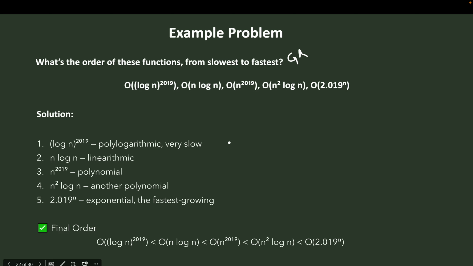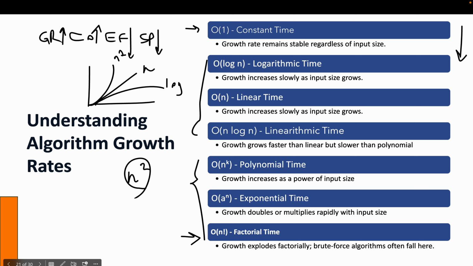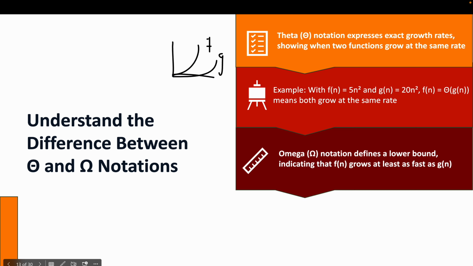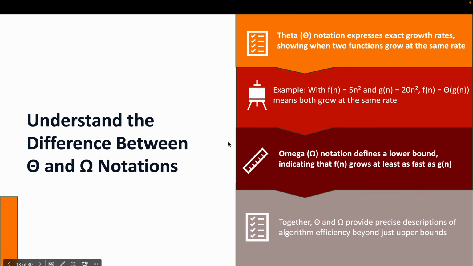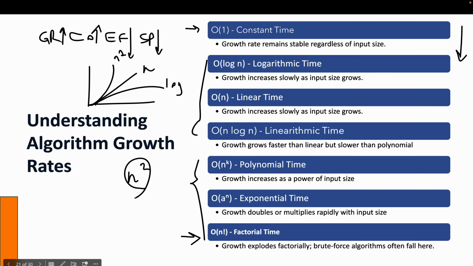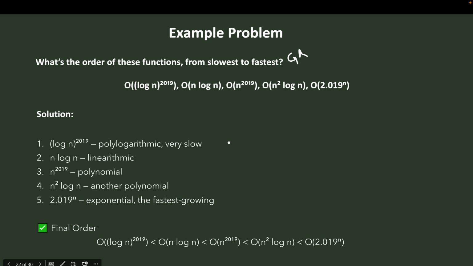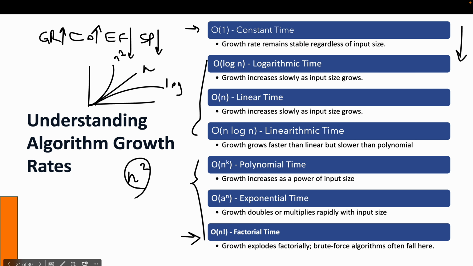You can find it in the slides before. We have the famous functions, and then we have here the list of them, showing how much faster their growth rate is. And now to solve this problem, you can use exactly this list.